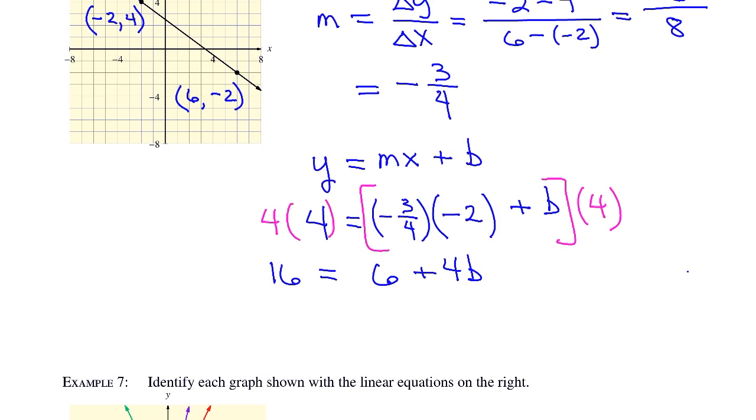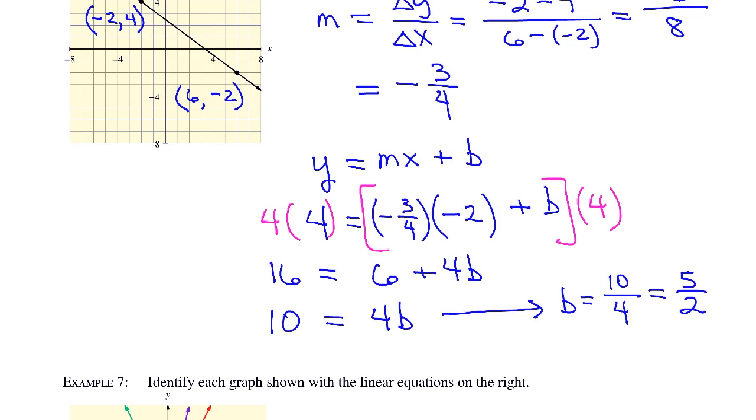Moving the 6 to the left-hand side, we get 10 is equal to 4b. And then divide both sides by 4. b is equal to 10 divided by 4, and that reduces to 5 over 2.